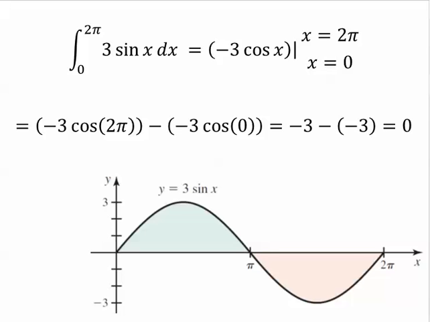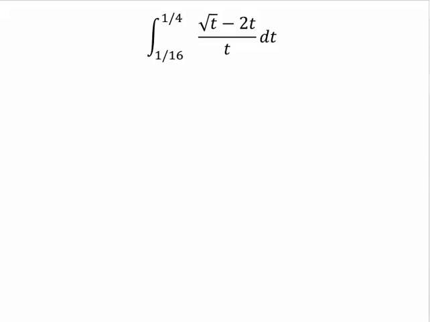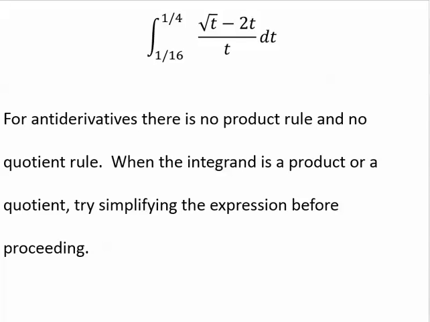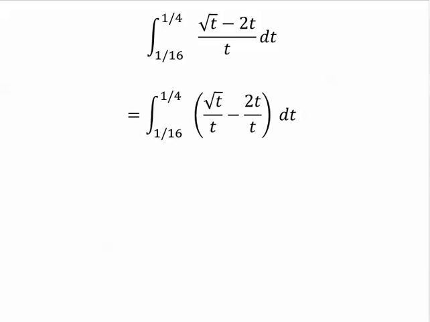Let's do another example. For antiderivatives, there is no product rule and no quotient rule. So when the integrand is a product or a quotient, try simplifying the expression before proceeding. I break my quotient up into 2 separate quotients.